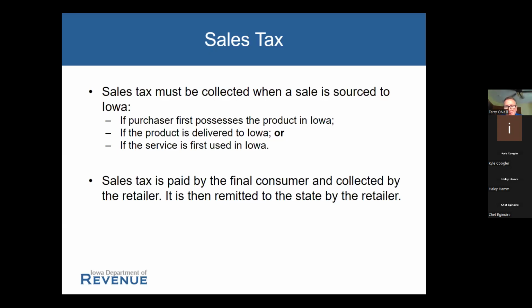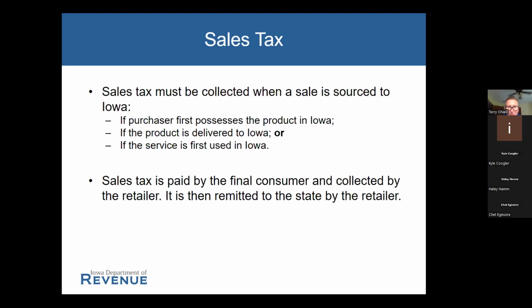The reason I bring this up is to make sure that if there's ever a question about a refund, the one that paid the tax is the one that could potentially be entitled to a refund if there was an exemption in place at the time and the person paid tax on it when they should not have. It's very common that I get questions from retailers who say something like, oh, hey, I accidentally charged tax to the state of Iowa.